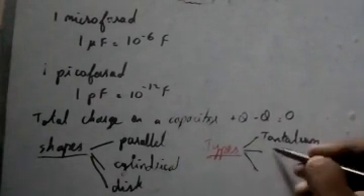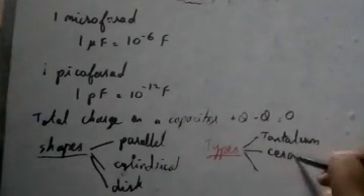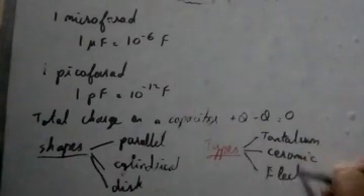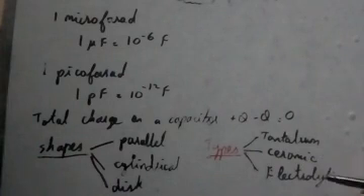Then we have ceramic capacitors. And we also have electrolytic capacitors. So tantalum, ceramic and electrolytic. These are the different types.